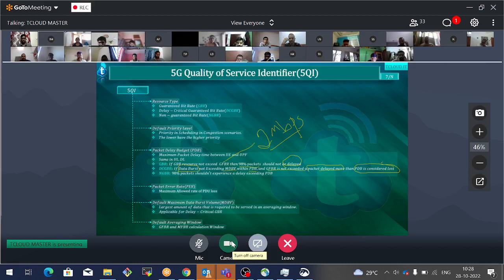But one additional rule is GFBR should not be exceeded. None of the packets should be delayed. But one more additional rule that is coming up is something called MDBV, maximum data burst volume. It should not exceed that value. So for delay critical GBR services, there is an MDBV value that is already identified for different types of delay critical GBR services.